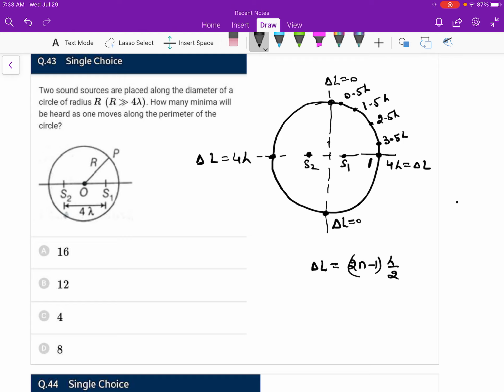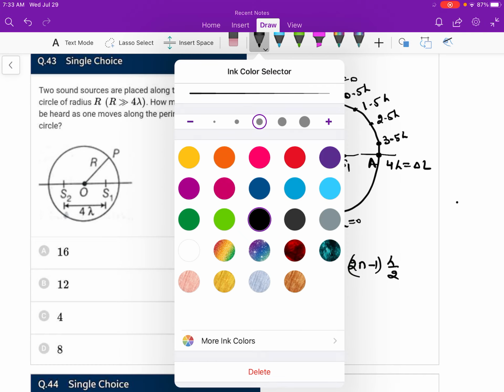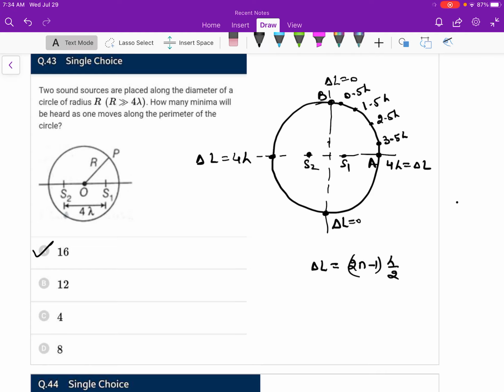So as we move from point A to point B, path difference decreases from 4 lambda to 0. Okay, so we are interested in the points where the path difference is odd multiple of lambda by 2. So 3.5 lambda, 2.5 lambda, 1.5 lambda, 0.5 lambda. So in first quadrant we have got 4 points. Similarly in second, third and fourth. So total number of points is 16. So A is the correct option.